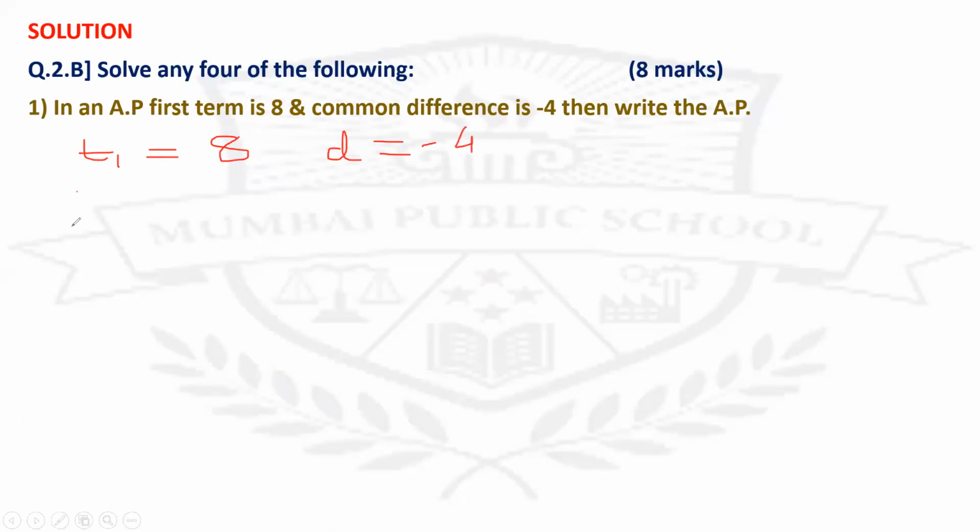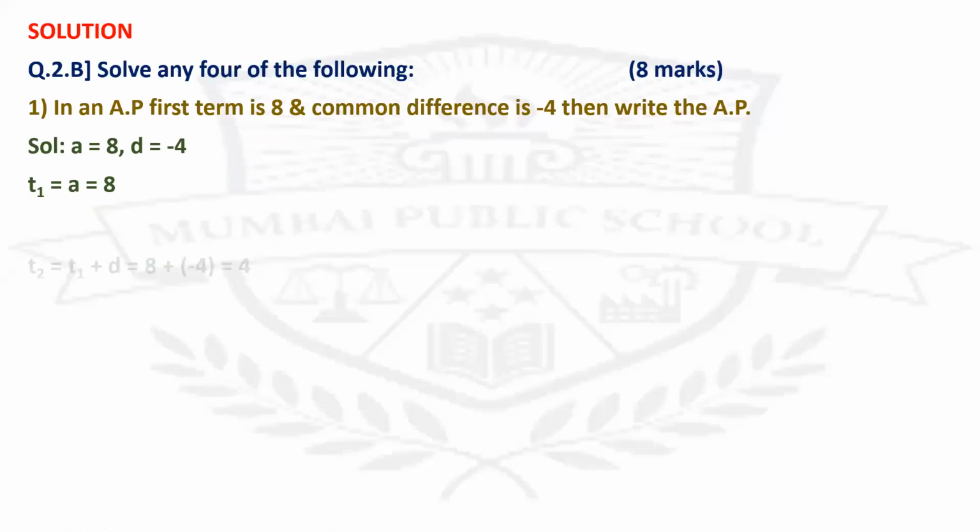So T2 is basically A plus D. If you're getting confused with A, here you can write that as T1. So you can write T1 plus D. You just substitute. So T1 equals A, that is 8. T2 equals T1 plus D, that is 8 plus minus 4.